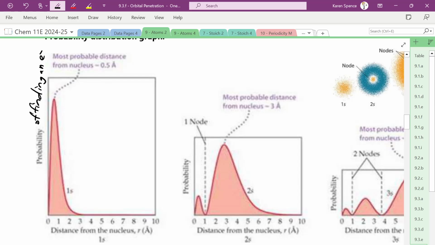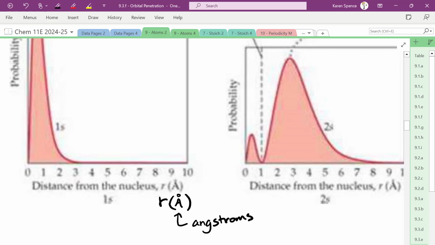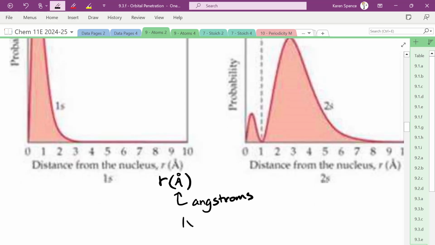And it's the probability of finding an electron at a particular distance from the nucleus, which is r, which is measured in A with the little 0. Do you remember what that stands for? Angstroms, which is 1 times 10 to the negative 10 meters.